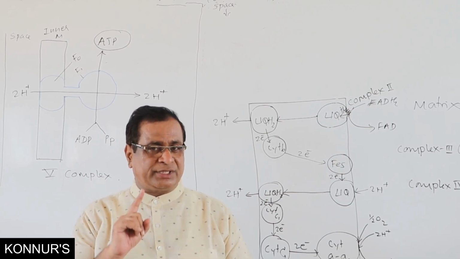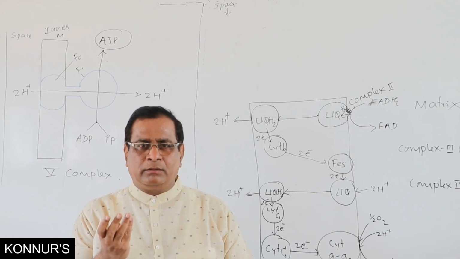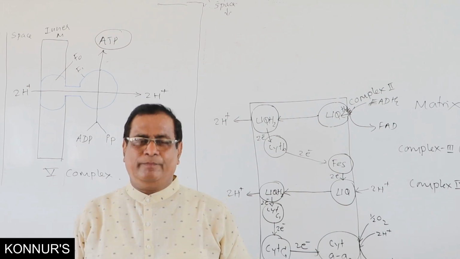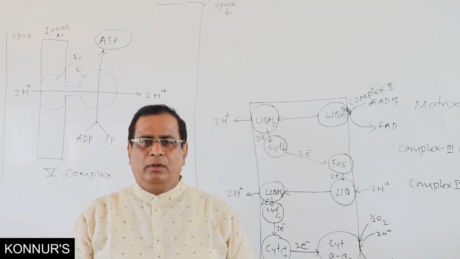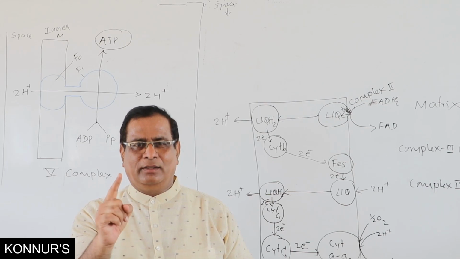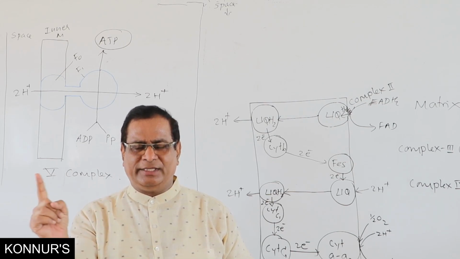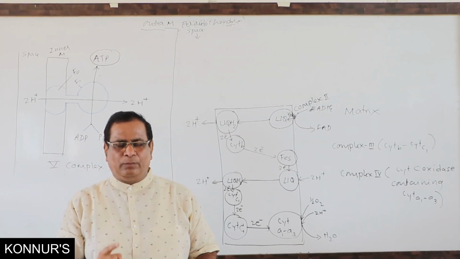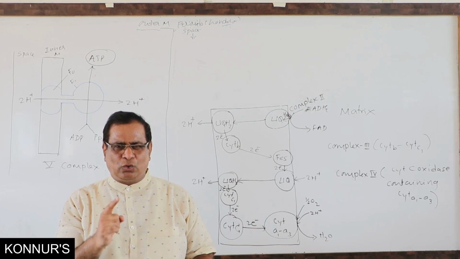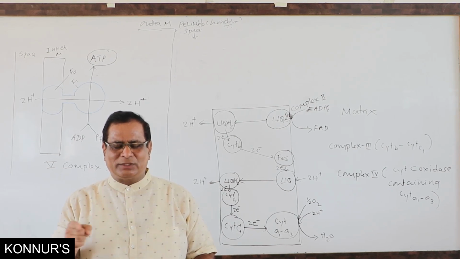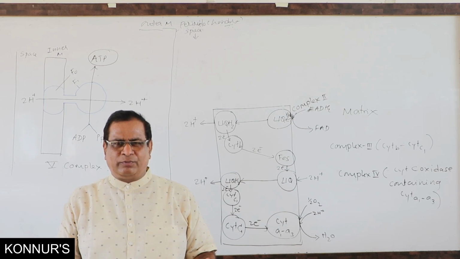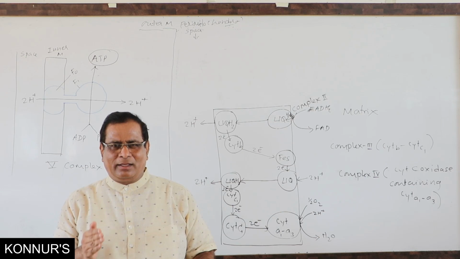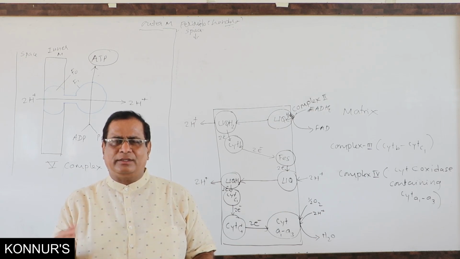The expected NEET questions here, they would ask which of the following are hydrogen acceptors, and you should know those complexes. Complex 1 is NADH dehydrogenase. Complex 2 is FADH dehydrogenase. Complex 3 is cytochrome B to cytochrome C1. Complex 4 is cytochrome C oxidase containing cytochrome A1, A3.